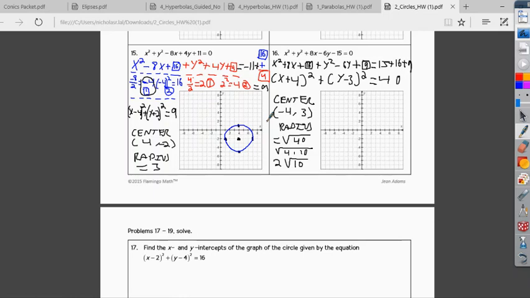Look at this. That's 3 something. 3.333. So 6.66. So let's try that.